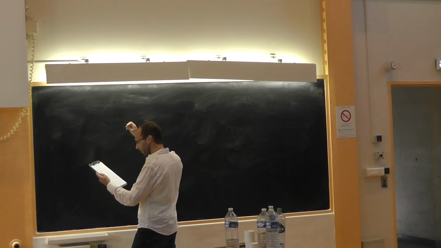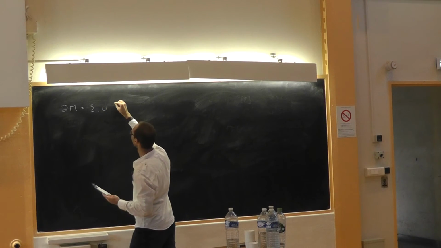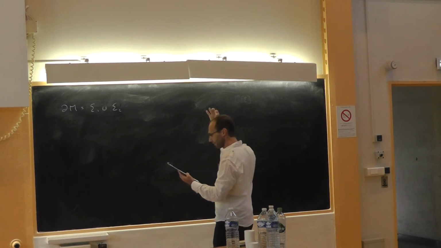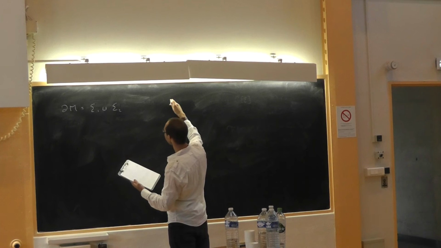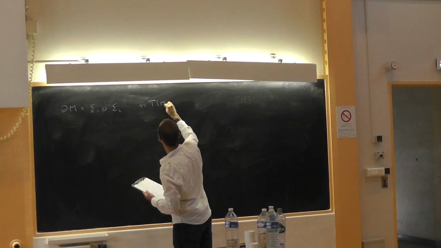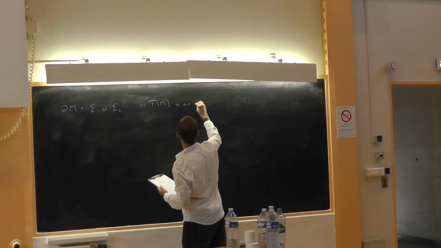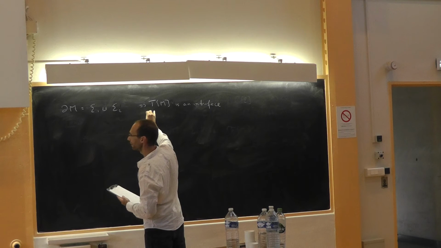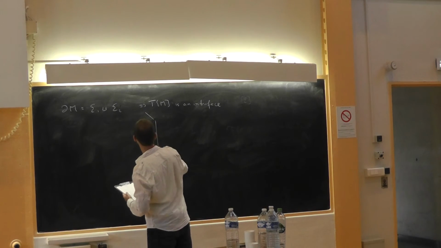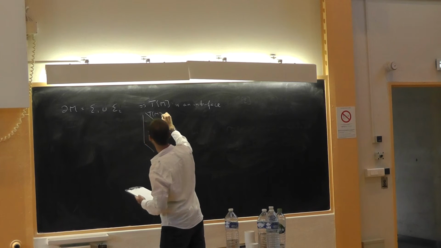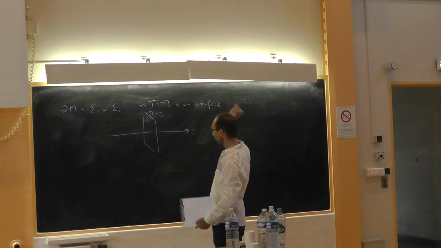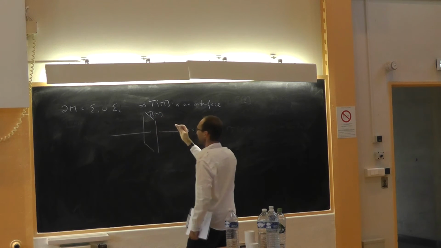So 3-manifolds fit in the following way. If you have a cobordism, then T of n is an interface. It's a 3-dimensional theory that lives in 4-dimensional space. So in the picture I had up there, T of n is a particular slice in the space.